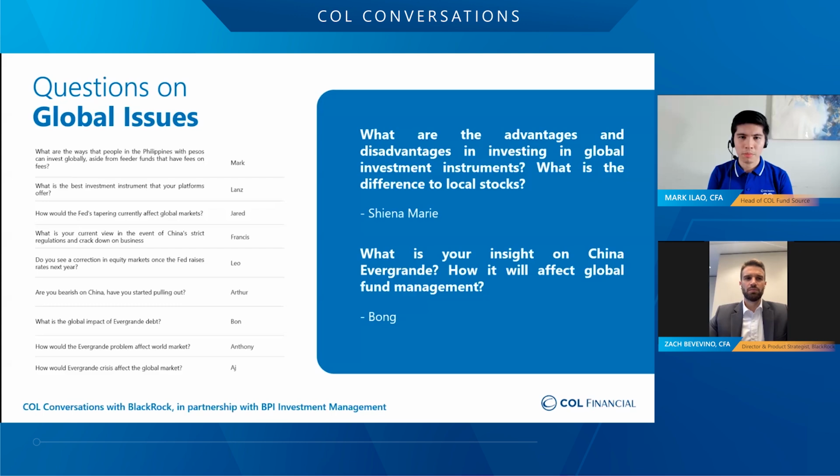But just a few important points here. The first thing I would say is the transmission channels of this getting into other global markets, we don't see them there. So we don't think of this as a systemic event that's likely to take down the whole global economy or anything like that. We think of this as something that's a bit more country and sector specific.